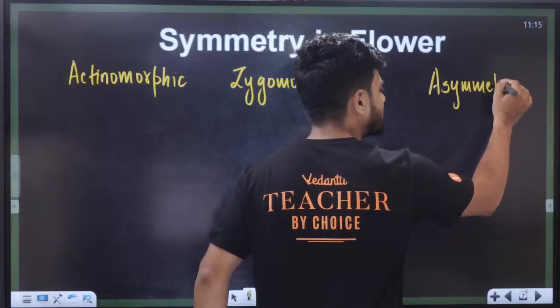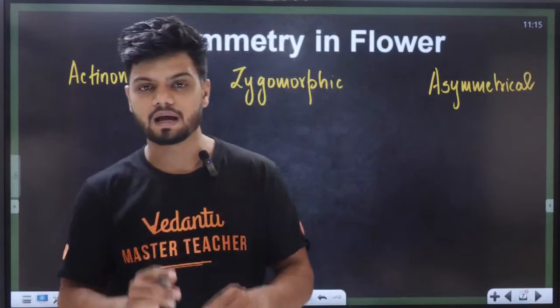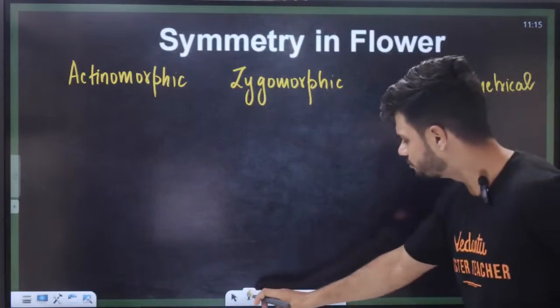Now, what is the difference between actinomorphic, zygomorphic and asymmetrical? It is a very simple difference.